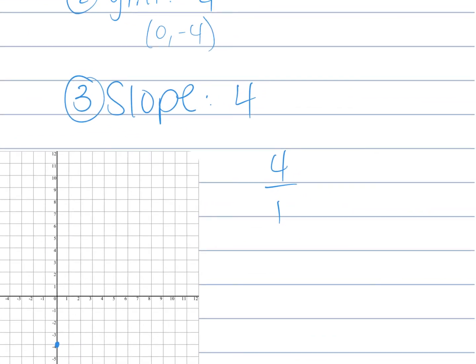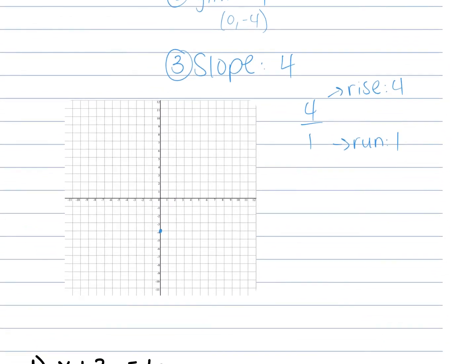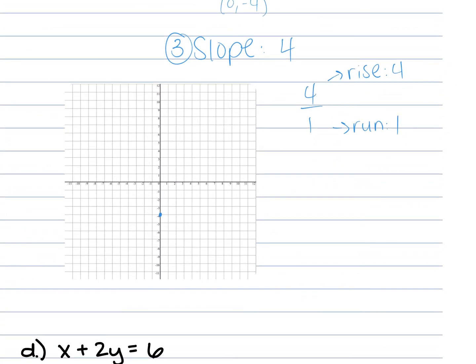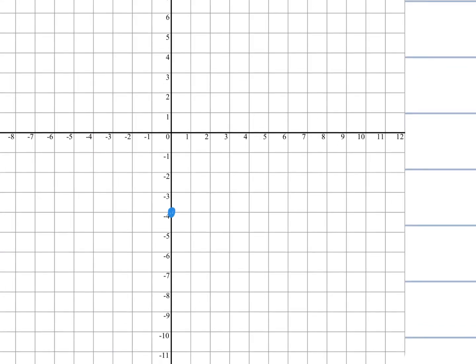Matthew, what is my rise if my slope is 4 over 1? 4. Good. My rise is 4. And my run? 1. So from this point, where am I going to move? Up 4, David says, and he is correct. And then where? 1 to the right. So from 0, -4, my next point should be 1, 0.